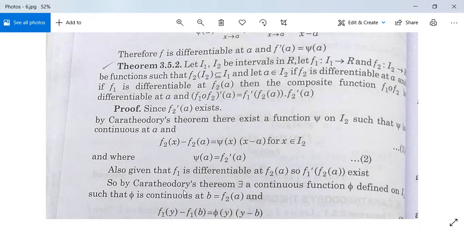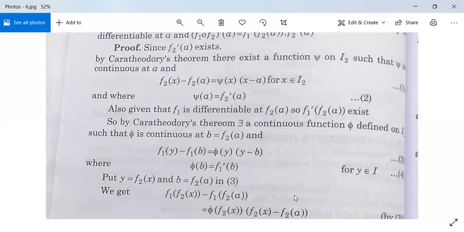So by Caratheodory's theorem, there exists a continuous function phi defined on I1 such that phi is continuous at b is equal to f2a, and f1y minus f1b is equal to phi y into y minus b, and phi b is your f1 dash b for y in I. Now put y is equal to f2x and b is equal to f2a in 3. इस इक्वेशन में y is equal to f2x रखिए, तो हो जाएगा f1 f2x minus f1 और b की जगह f2a रख लीजिए minus f1 f2a.